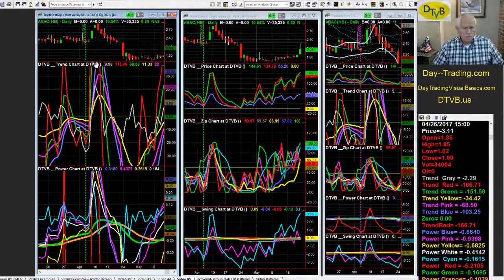Now, you can see that from the green vertical line, the day after is a small doji green candle, hardly any price movement at all. And then it gaps up and goes up really strong the second day.